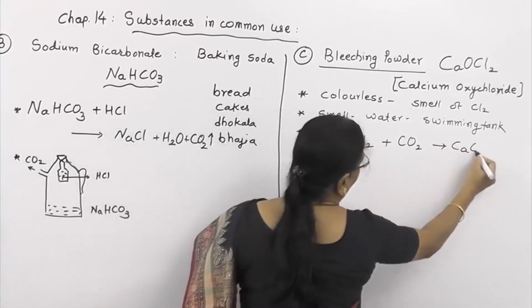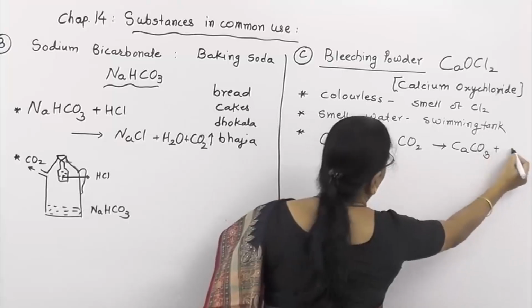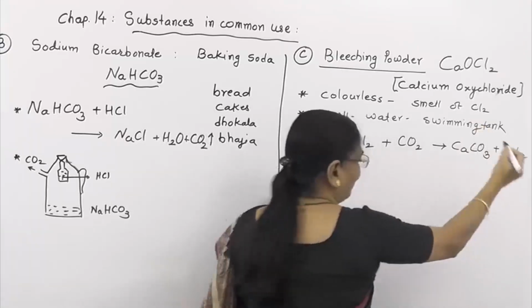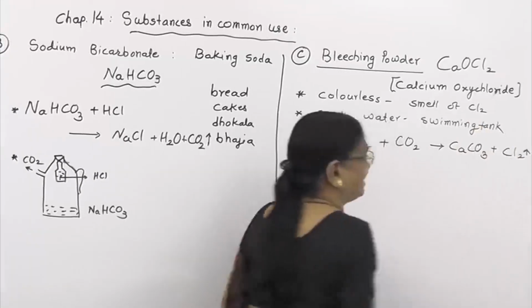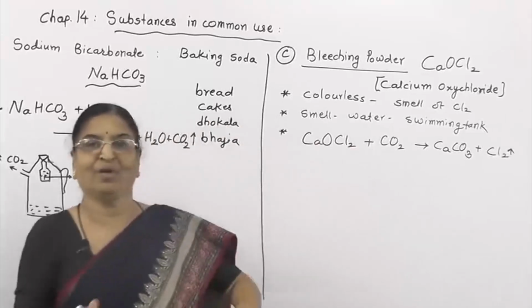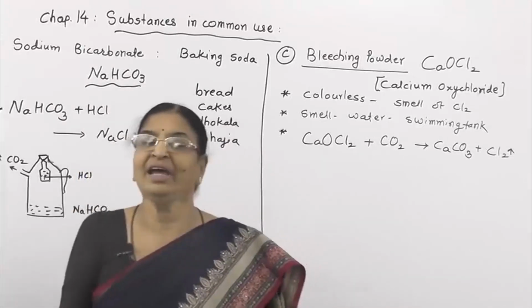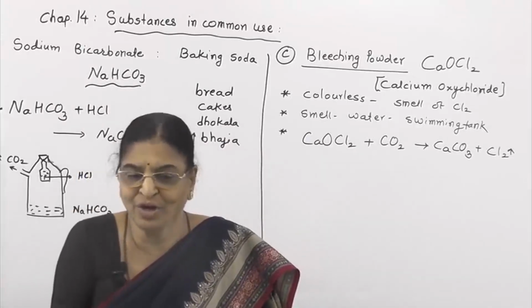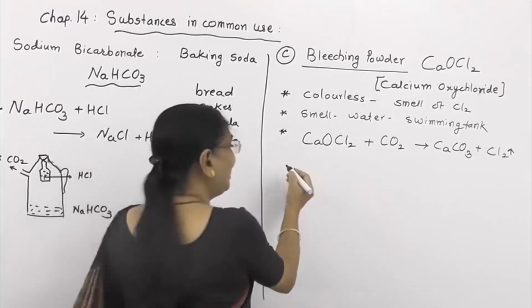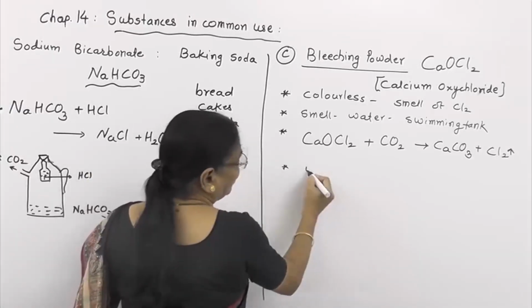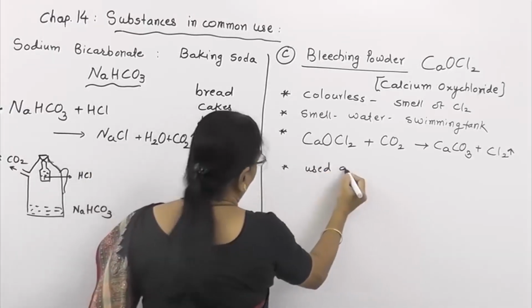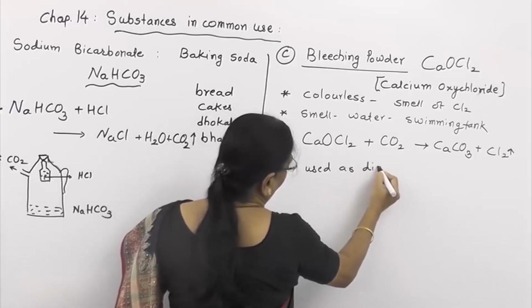So it is calcium carbonate plus chlorine. So chlorine gas is separated. Now when chlorine gas is separated, its importance will also reduce, and the main use of it is as a disinfectant.